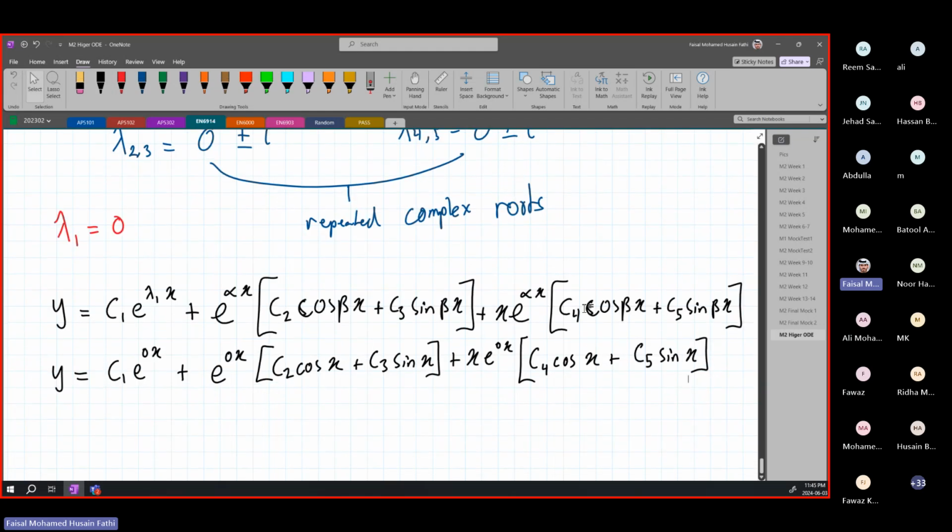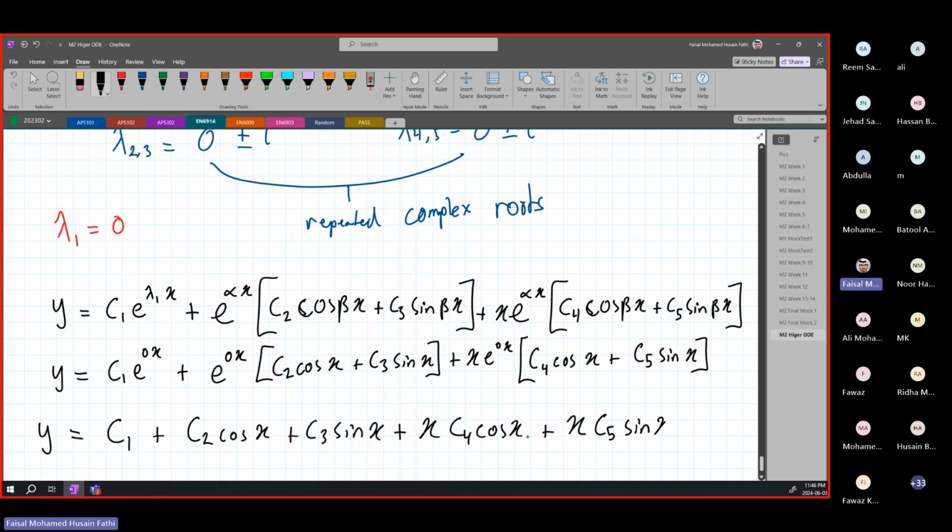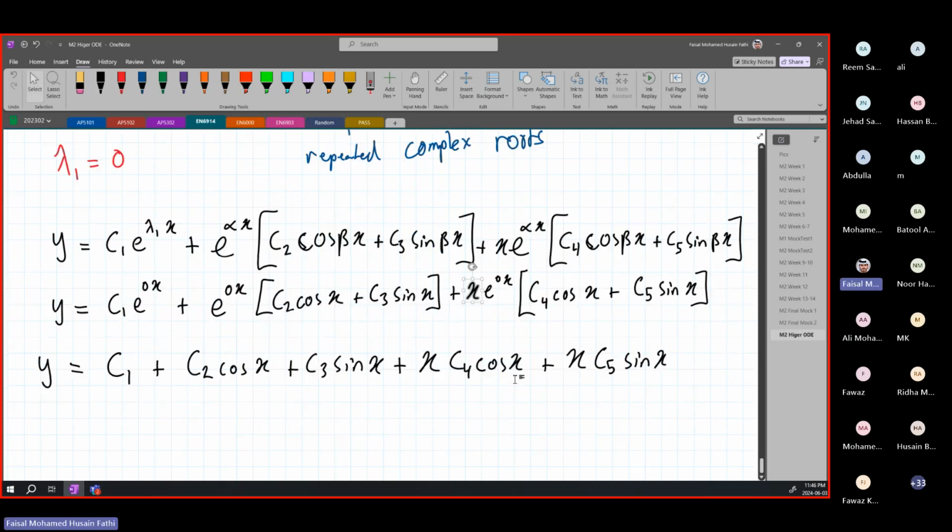Last step of simplification: e to the power 0 is 1, so we have c1, plus e to the power 0 is 1, so we have c2 cosine x plus c3 sine x, and we have here again e to the 0, which means 1, so plus x c4 cosine x plus x c5 sine x. All I did was distribute the x.